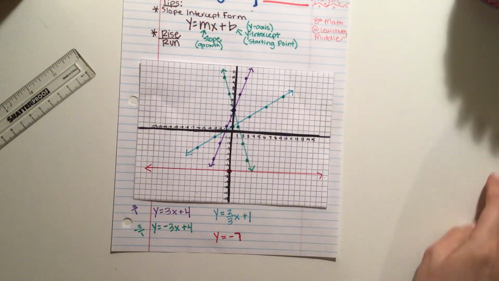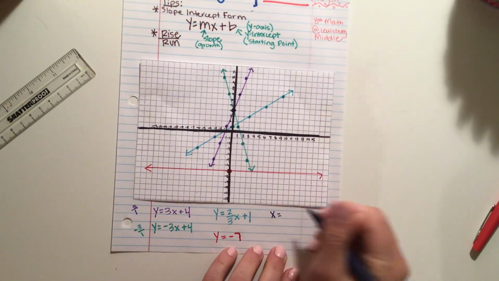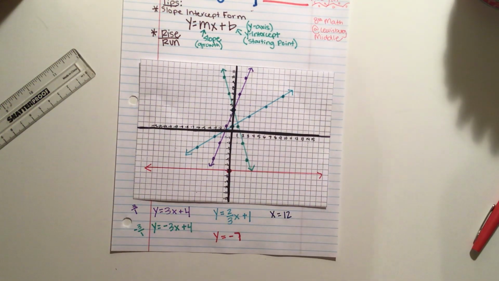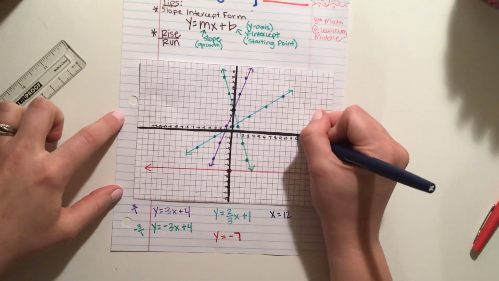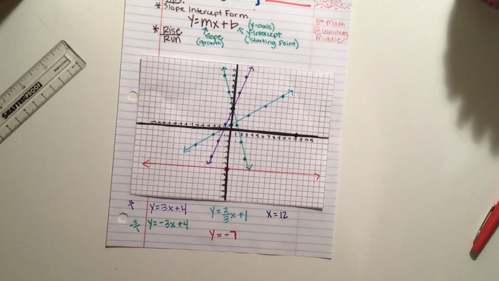Let's go ahead and do one more random type of slope. Let's do an undefined line. Anytime you have an equation that has x equals, let's do 12, because it's over here by itself. X equals 12. On the x-axis, you're going to go find +12. Notice this is different this time, because there's not a beginning linear equation saying y equals.